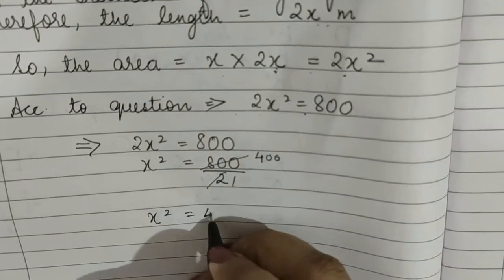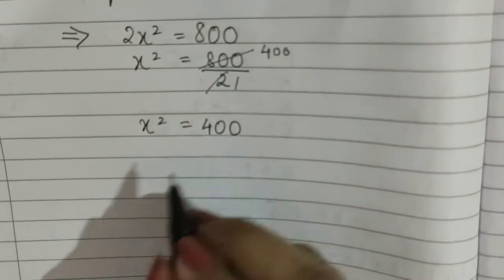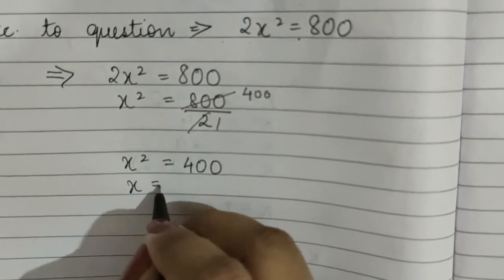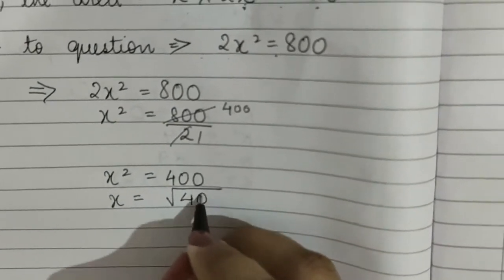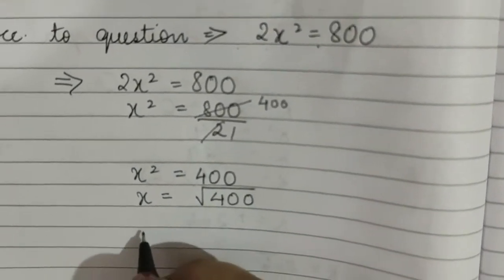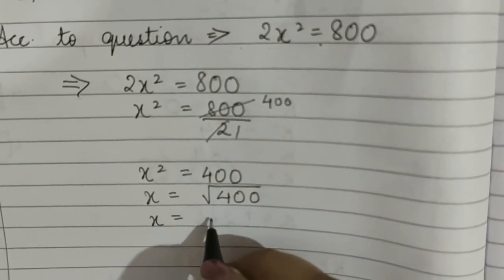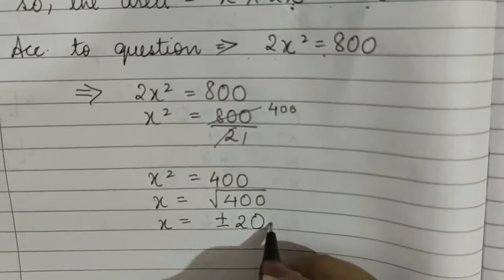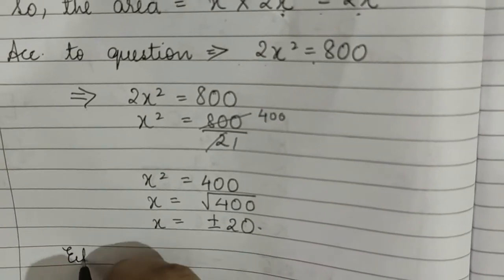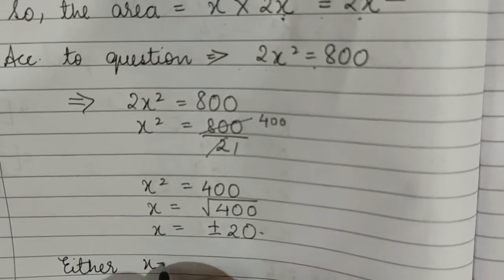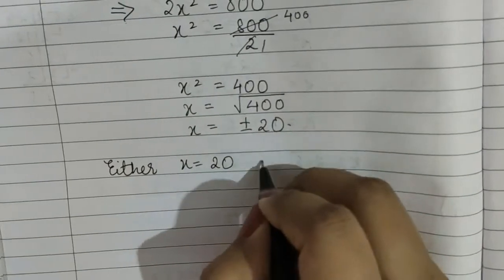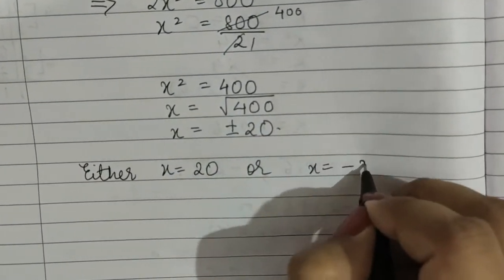X square equals to 400. Now the square will be shifted here. We will get x is equals to root of 400. Now under root of 400, the square root will be plus minus 20. So we will have two roots. Either x equals to 20 or x equals to minus 20.